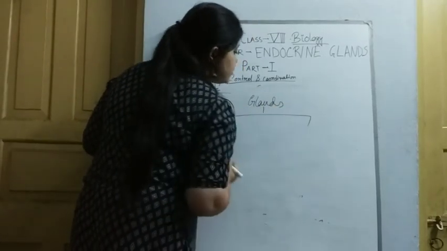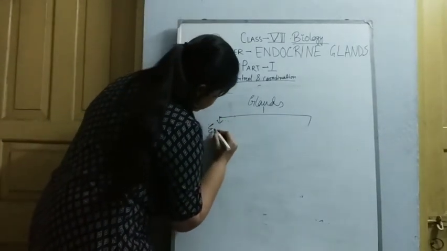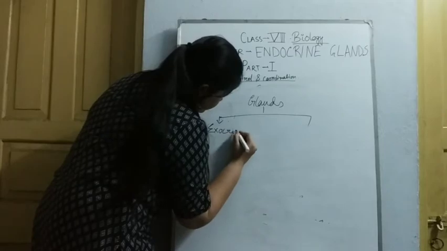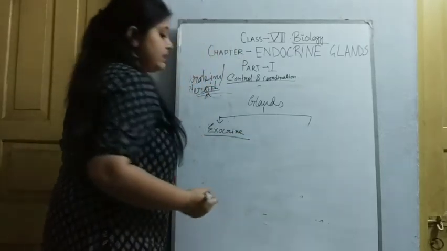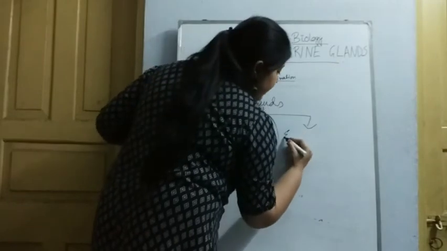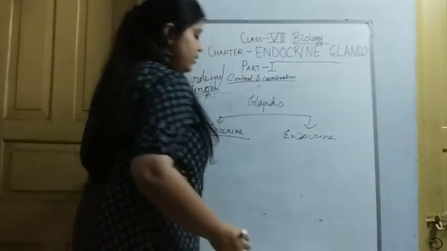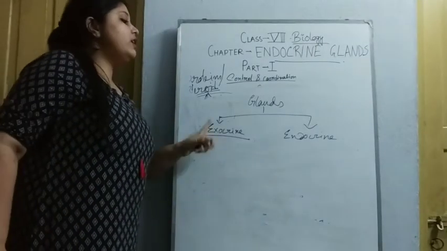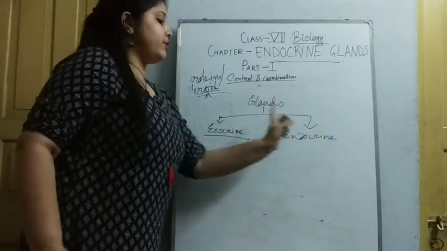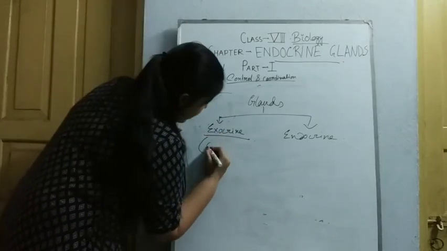Glands are mainly of two types: the first one is the exocrine gland and the second one is the endocrine gland.